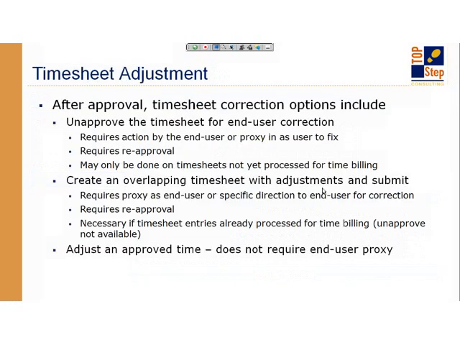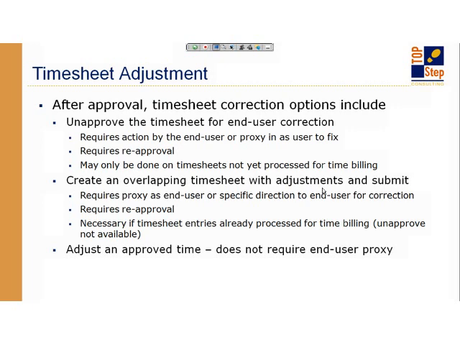And speaking of timesheet corrections, I hope everyone is aware of this timesheet adjustment feature. If you're not, at least take this nugget home with you. Before timesheet adjustments were available, the correction options were, okay, go unapprove the timesheet, tell the consultant to fix it or proxy in as the consultant, resubmit it, go through the approval process again, and now it's fixed.